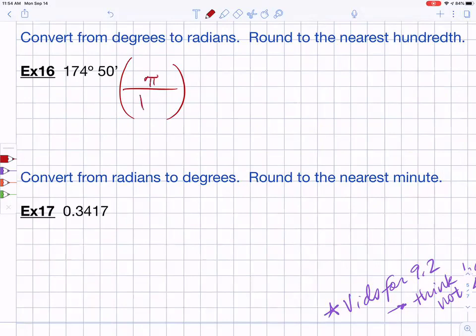Yeah, the pi over 180. Okay. Now, there's really not any work to show here because the rest of what you do is going to be done in the calculator. So you're going to type in 174 degrees, 50 minutes times pi divide 180.